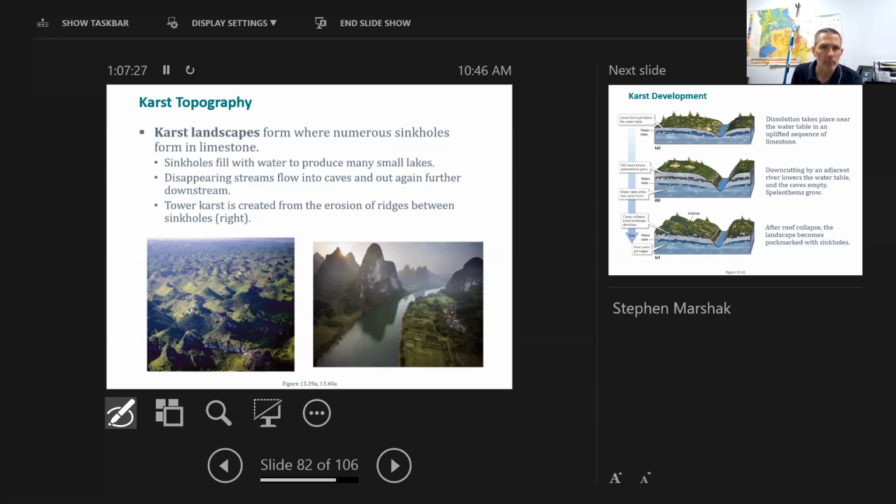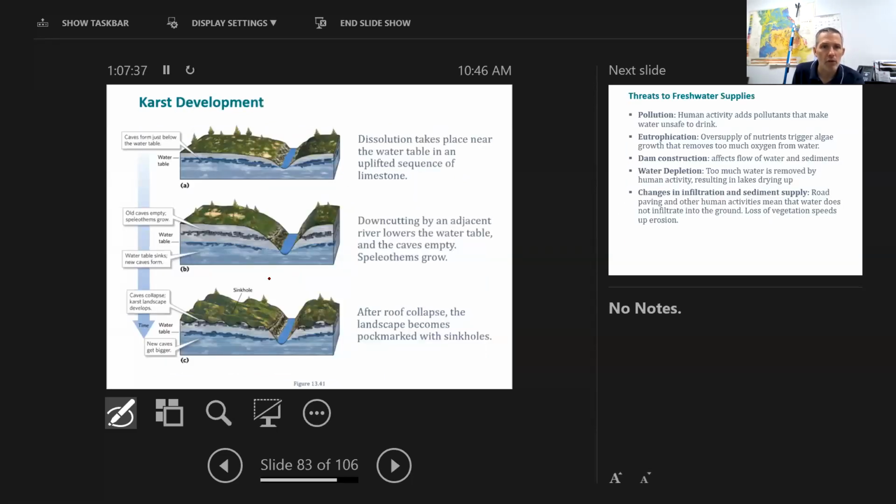So that's not uncommon. We can also end up with these tower karsts, a region created by erosion of the ridges between sinkholes, like the image on the right there. Again, karst topography is associated with groundwater dissolving these large cavities. And so this river, you'll notice, is getting lower.